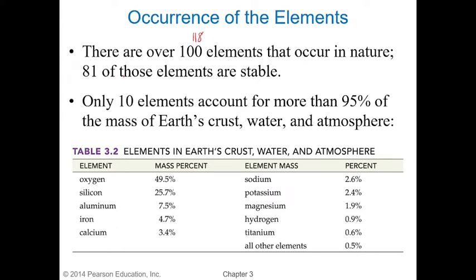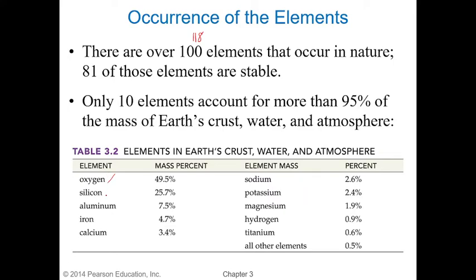So, 81 of those elements are stable. But there are 10 elements that account for more than 95% of the mass of the Earth's crust, water, and atmosphere. So, as you can see here, pinakamahalaga dito na element is oxygen because this one is the element na ginagamit natin for breathing.